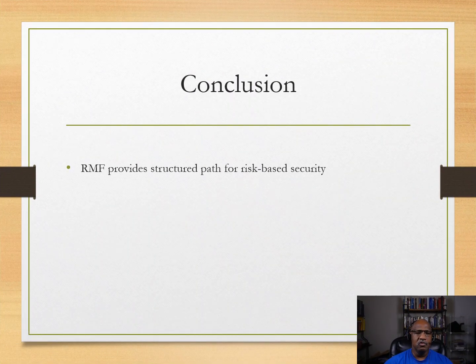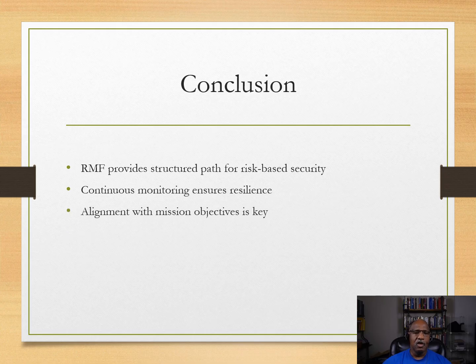And then in conclusion, RMF provides a structured path for risk-based security. It also ties into continuous monitoring, and then it ensures resiliency of your system. It also aligns with the mission and objectives of your organization. And it's key that the risk management framework ties into whatever the business objectives are of your organization, and also the overall mission of your organization.